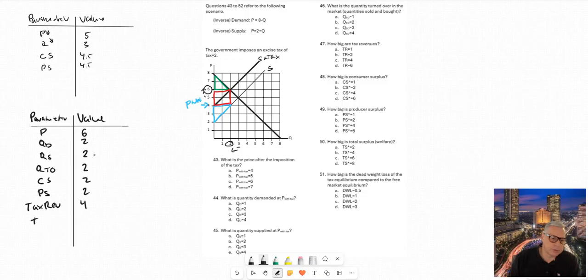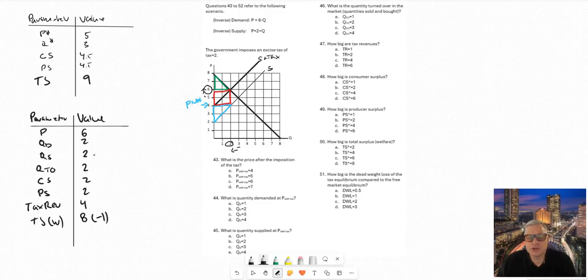So total surplus, or welfare, is 8. But in the previous example, in the market equilibrium, total surplus was 9. So that means we again lose 1.